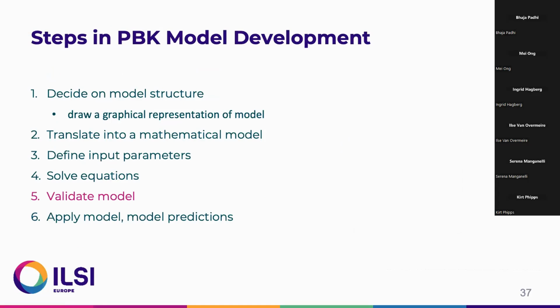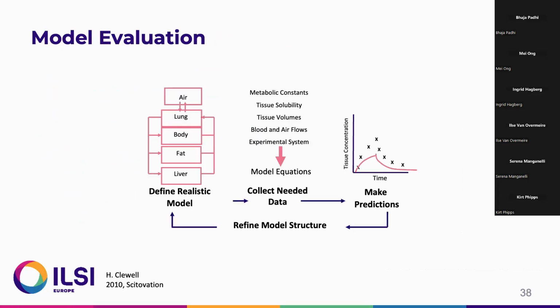So once you've used either a generic model or you've made your own model, you can start validating them. Now, validation is quite simple. It can get more complex, but I don't have enough time to go into detail here.